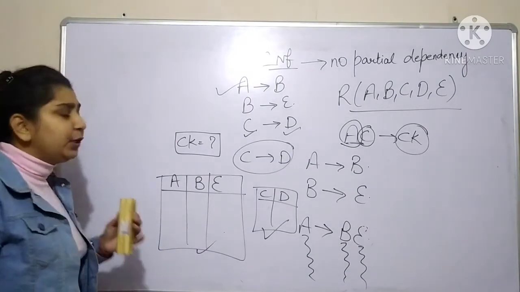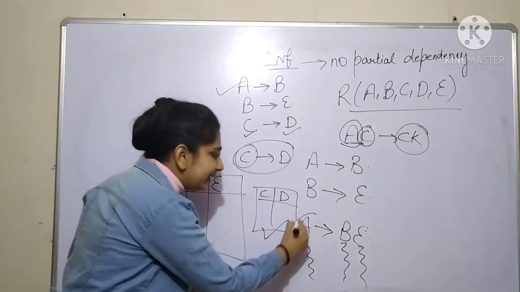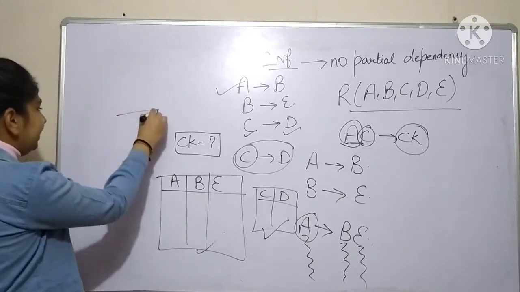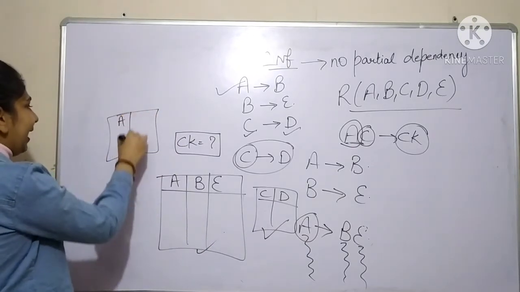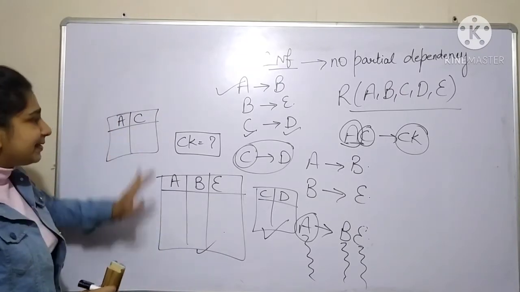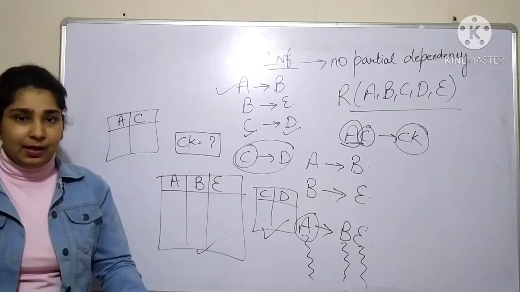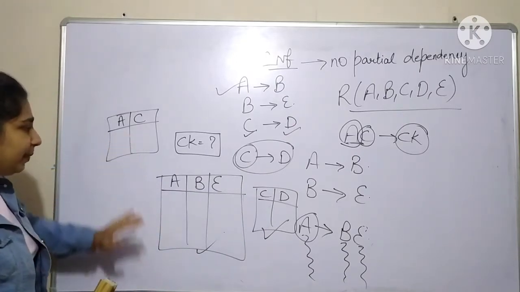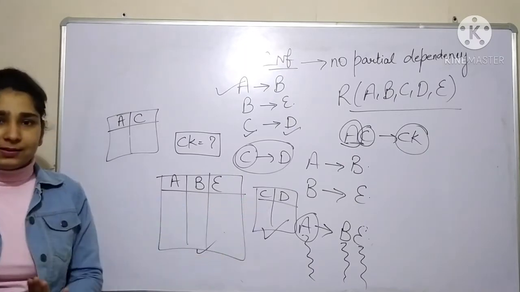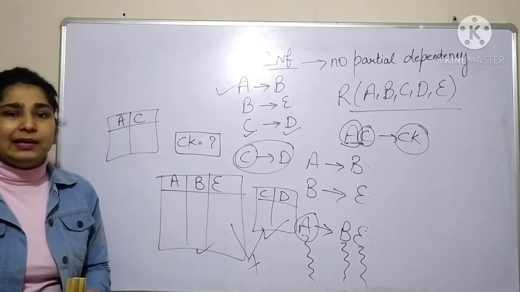So what will we be doing for this C and for this A attribute? We will be making one separate table, A and C. Okay, we are making one separate table for this AC, which is your candidate key. With the help of this table, you can join these two relations, because these two tables have no connection till now.